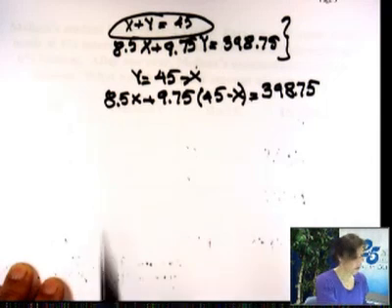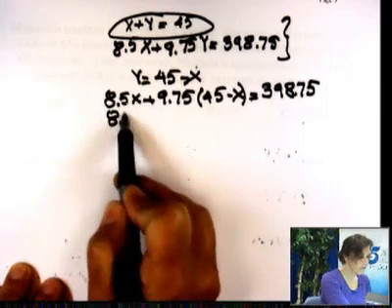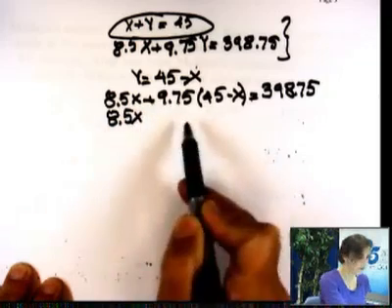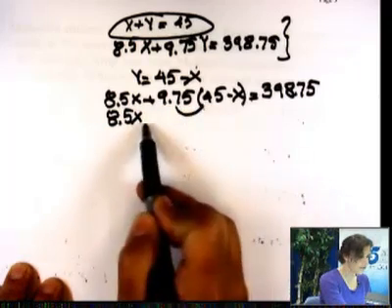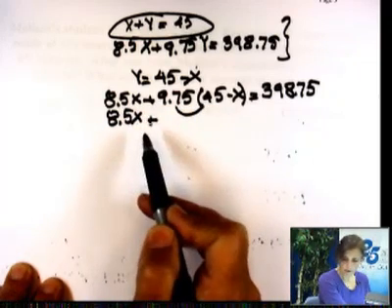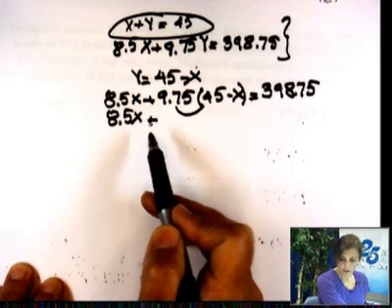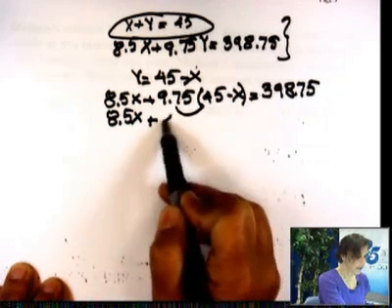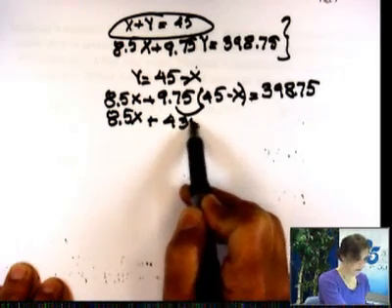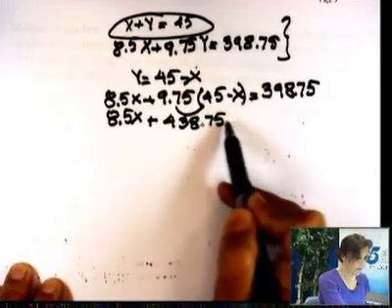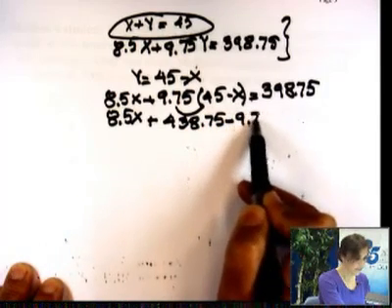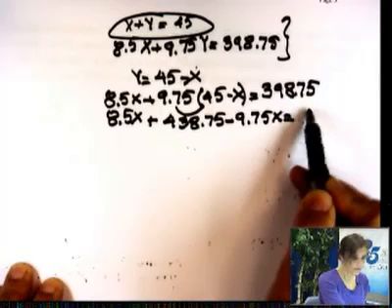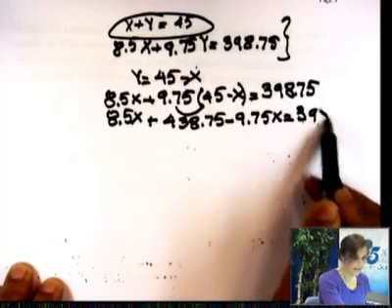Okay. So this one is 8.5x. Let's FOIL. When you FOIL these two, 438.75 minus 9.75x equals 398.75.